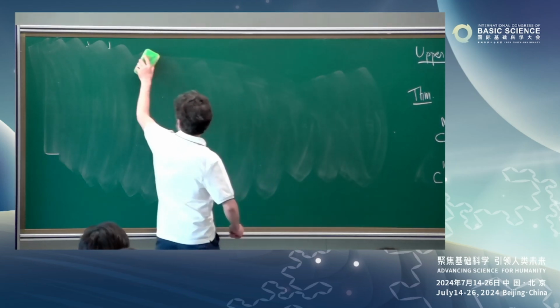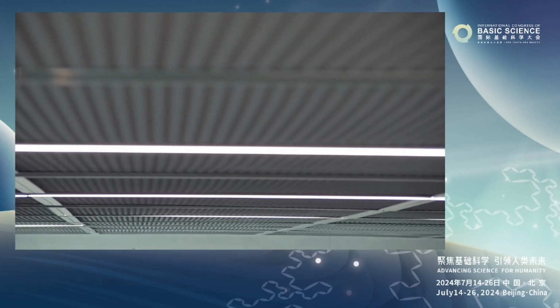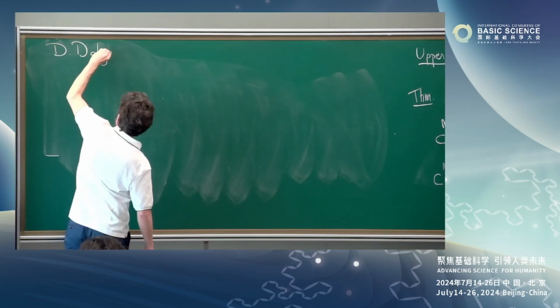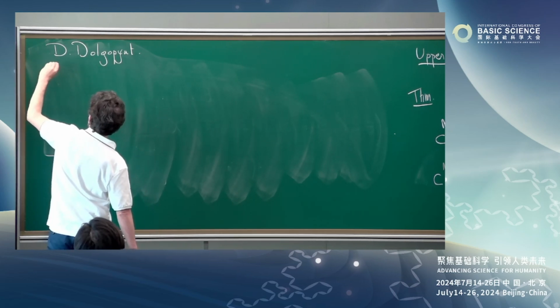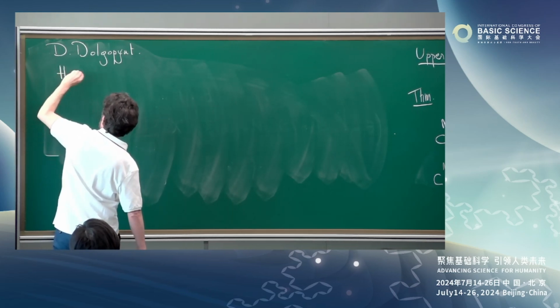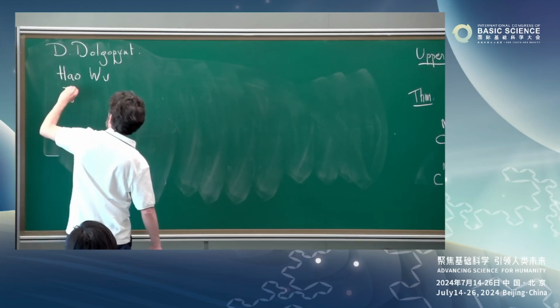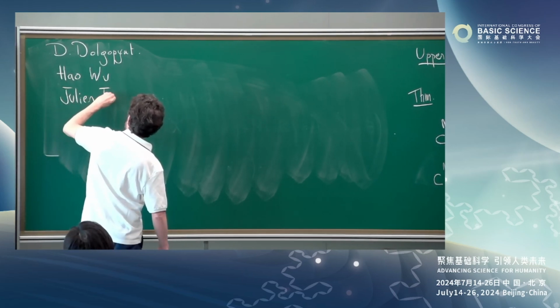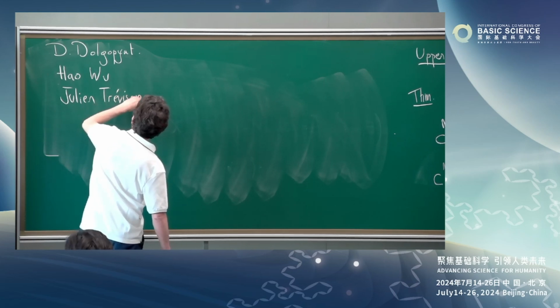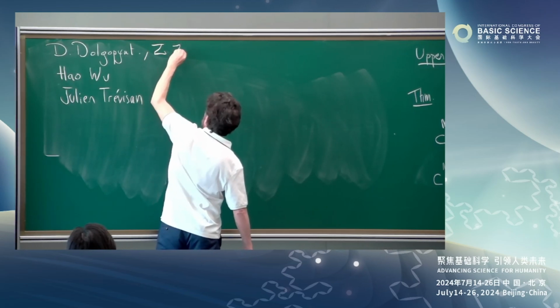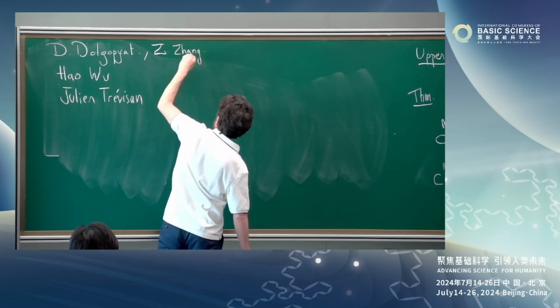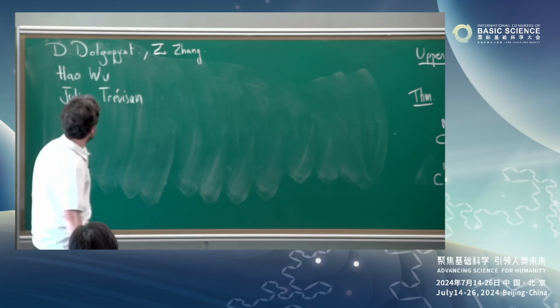I should have said that I'm going to report on a series of works with Dmitry Dolgopyat, and then works by my students Hao Wu and Julien Trevisan, and the recent work with Dmitry Dolgopyat and Ziwan Zhang. This is the one I'm going to talk about soon. Okay.